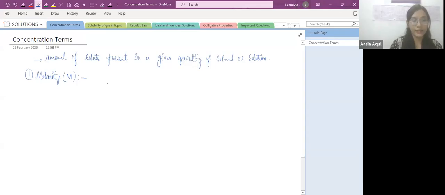And the molarity is defined as the number of moles of solute dissolved in 1 liter of solution.